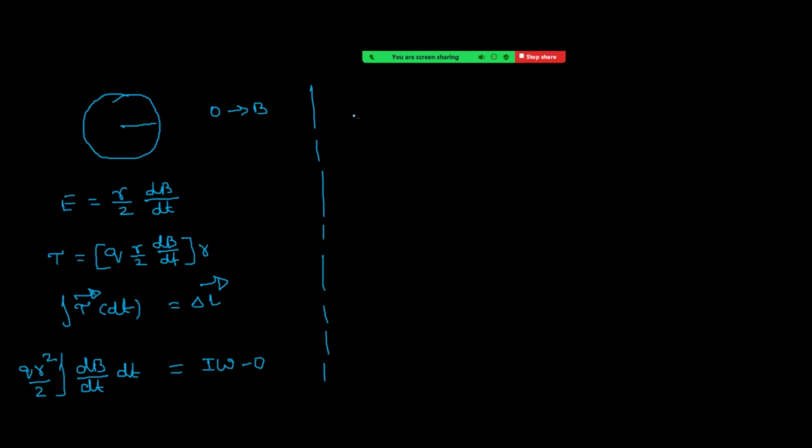Now see the calculation. Q r square by 2. Here I can cancel dt and dt. This becomes directly B minus 0, that is B. That is equal to the I value about its own axis, mr square into omega. R square gets cancelled.